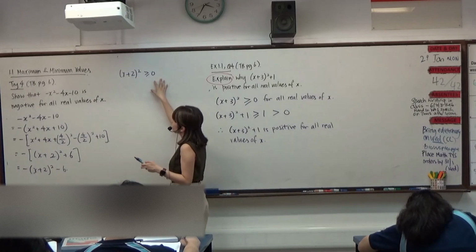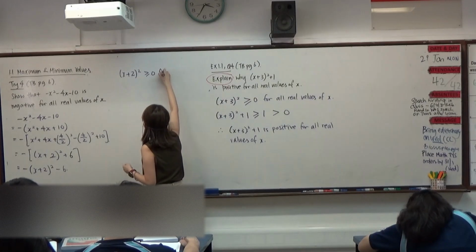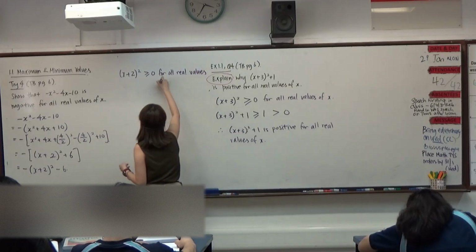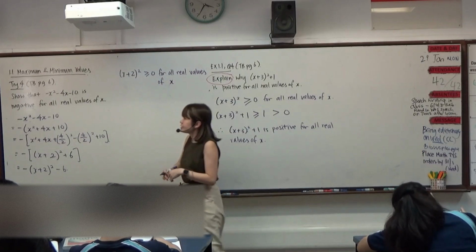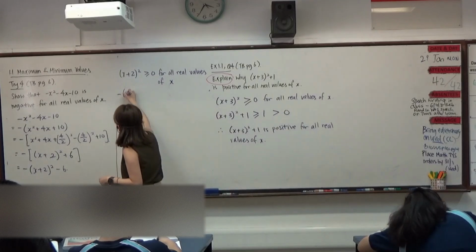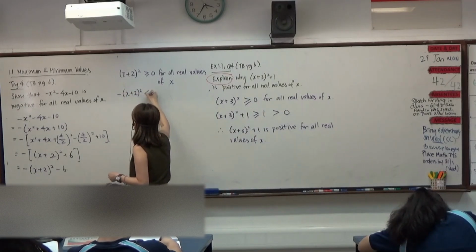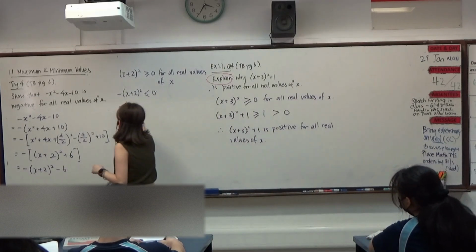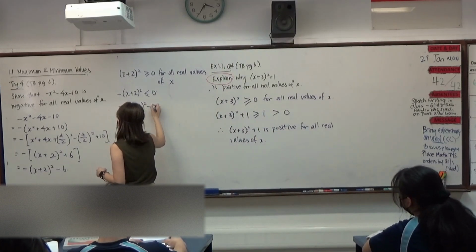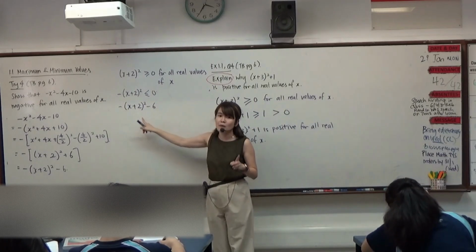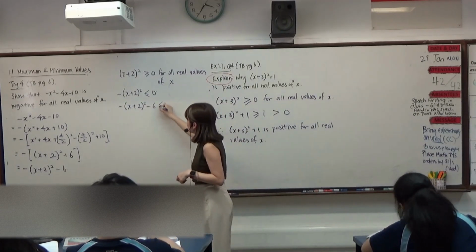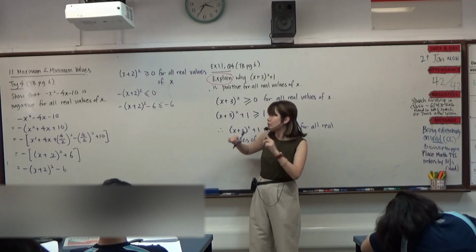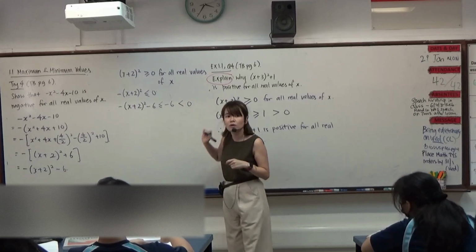Having it expressed this way, I will multiply by negative 1, which causes my inequality sign to flip, followed by minus 6, because this is the thing that I want to show is negative. So it becomes less than or equals to negative 6, for which we know negative 6 is less than 0.